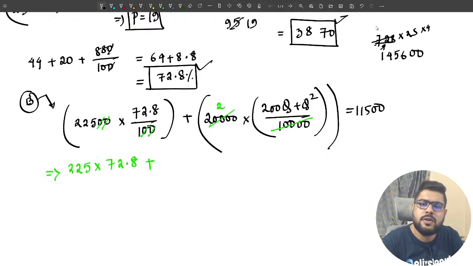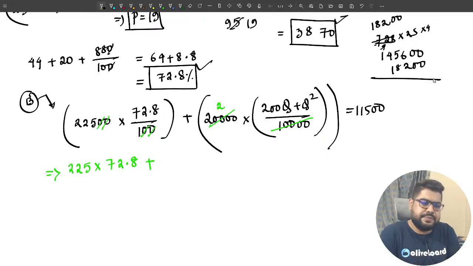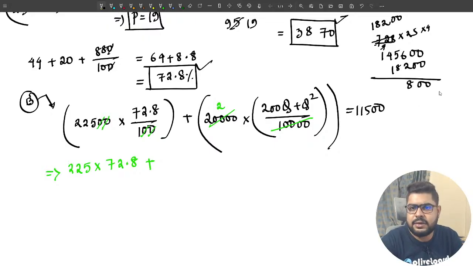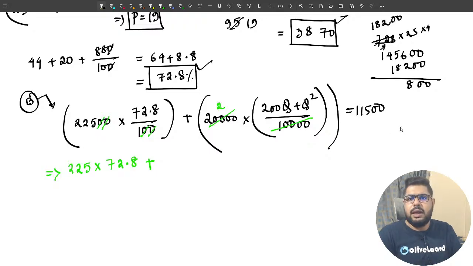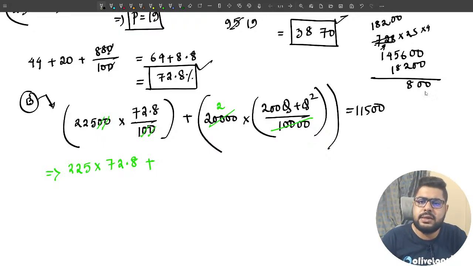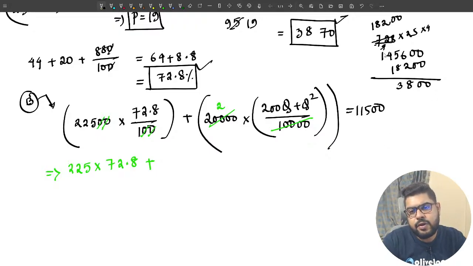So 4 18s are 72. This is 2. So this is 18,200, sir. Okay. Absolutely correct. So this is going to be 800. And sir, this is going to be 800. Then, sir, 13, 1, 14, 15, 16, sir. So one decimal went. 16,380.